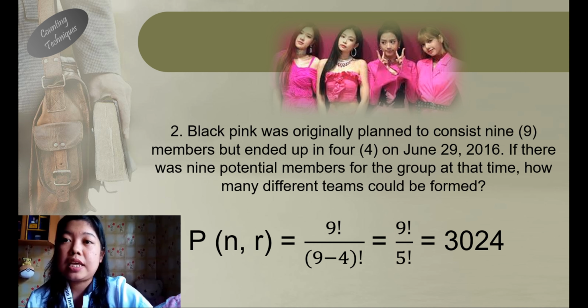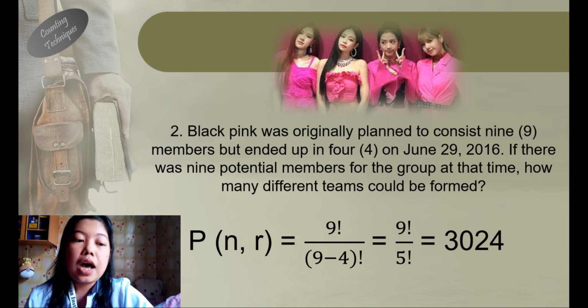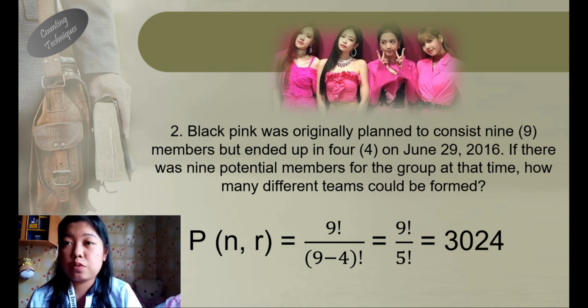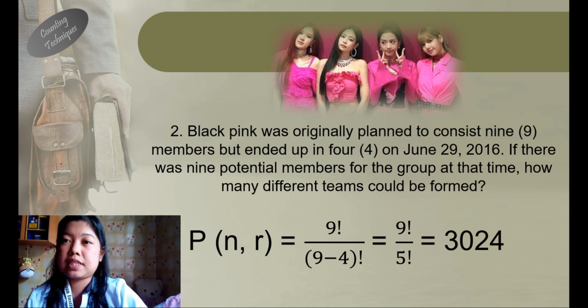So, it will be 9 times 8 times 7 times 6 times 5 factorial. Since our denominator is 5 factorial, we can cancel out the 5 factorial. So, we can multiply the remaining numbers: 9 times 8 times 7 times 6. So, we get the answer of 3,024. So, there are 3,024 different teams that can be formed.